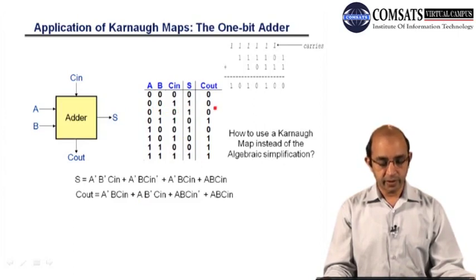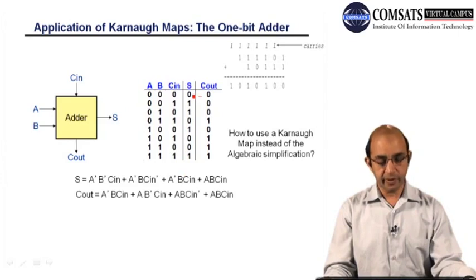So sum 1, carry 0. If I look here, 1 1, sum 0, carry 1. 1 1 1, sum 1, and carry is also 1. So what I need to do is design the circuitry for this.